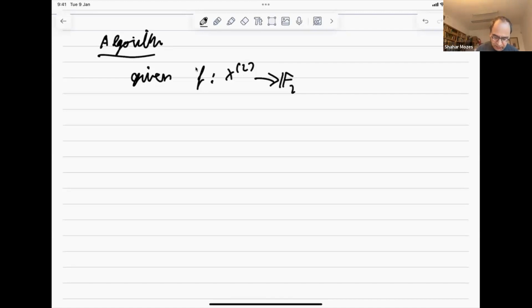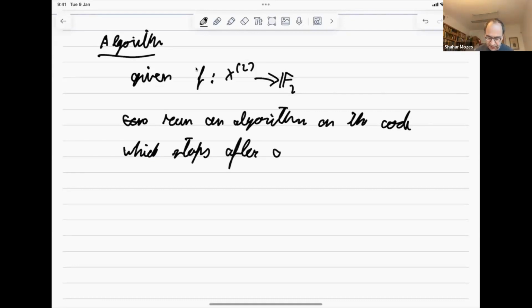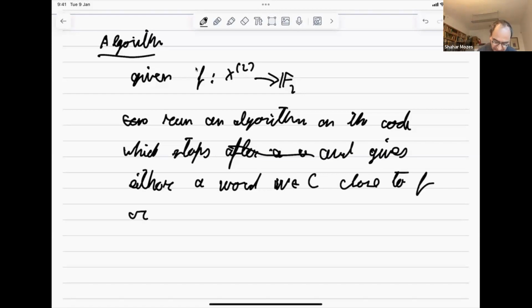You run an algorithm on the code, which stops after a certain number of steps, and after it stops it gives either a word W in C close to f, or says it's far.